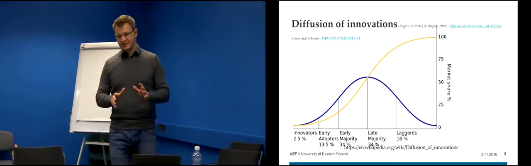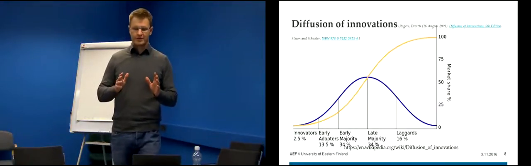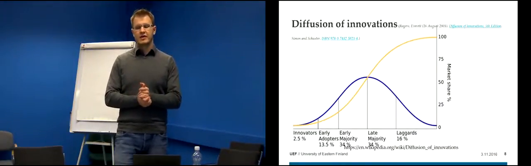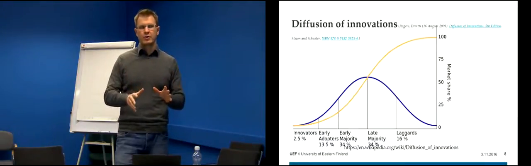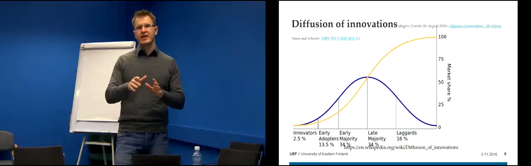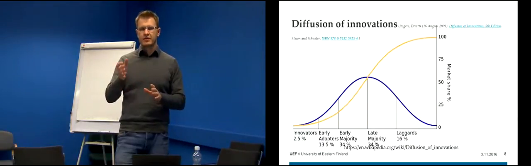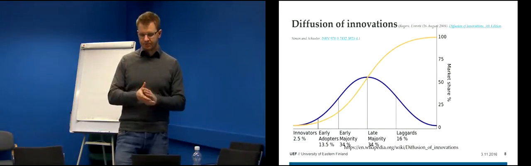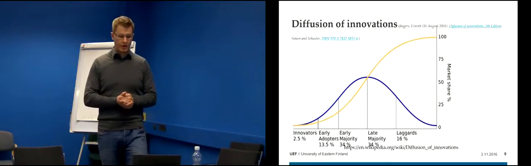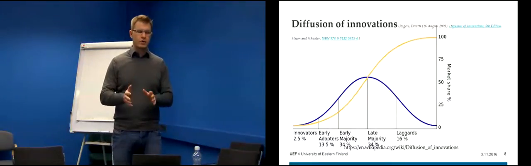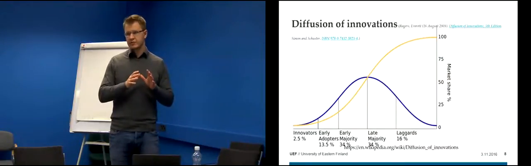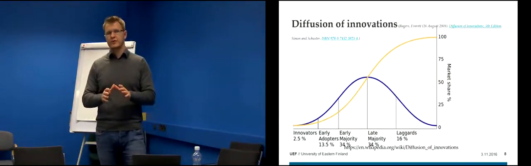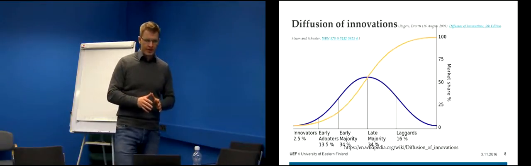When something has succeeded and made its share in the market and really become popular, we can see that the late majority and laggards start to come in. There's a really big group of people who wait really long to see that this thing really works and it's really useful for us before they start joining in.